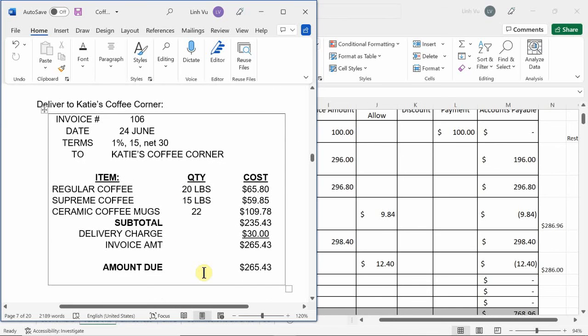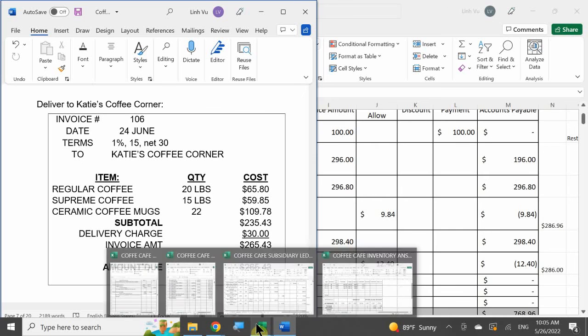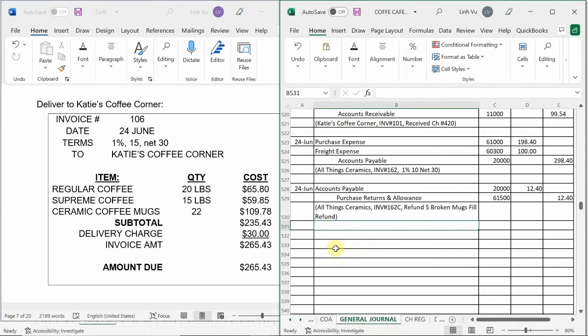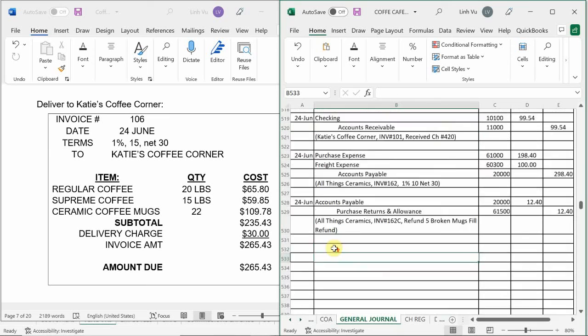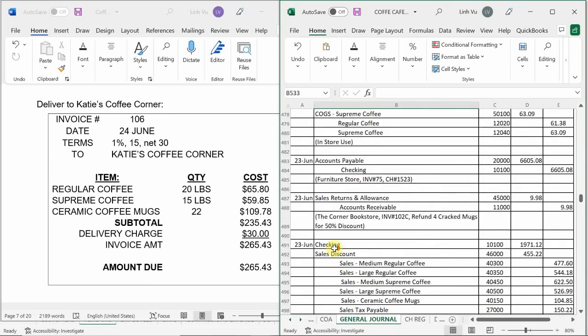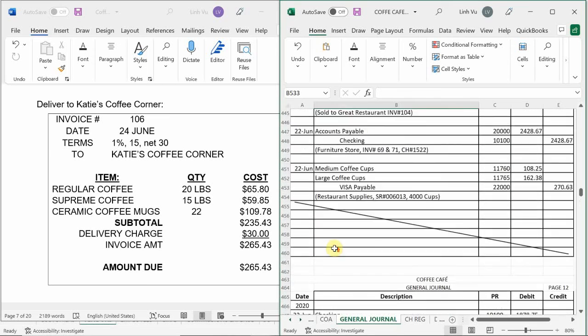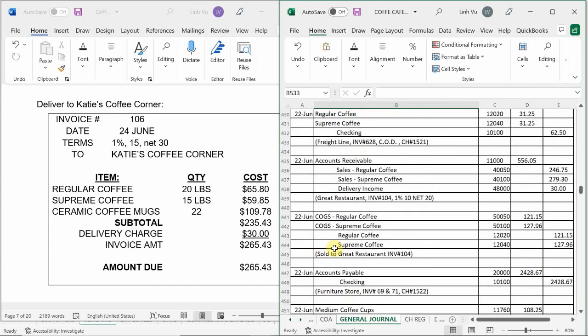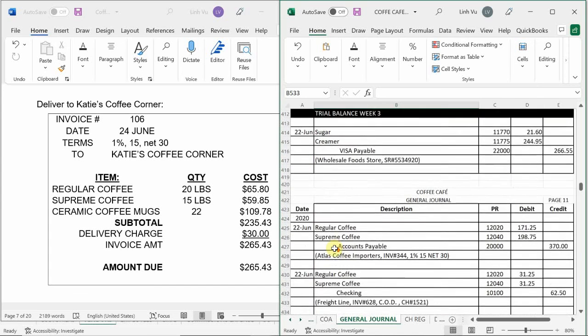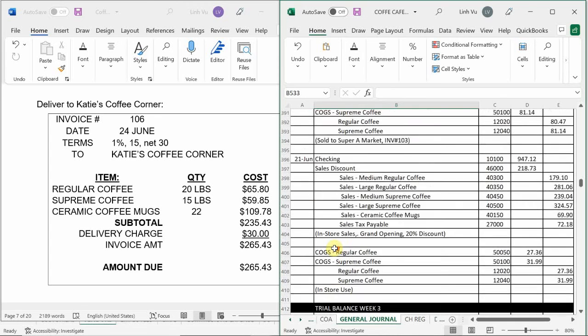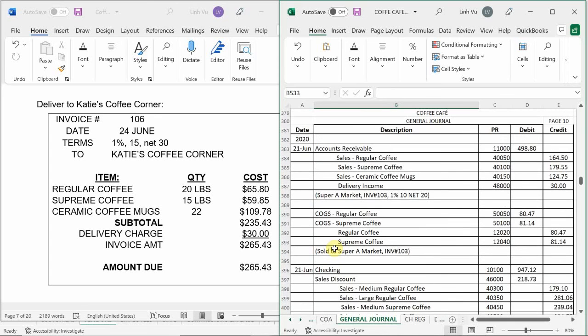We end up delivering to Katie's Coffee Corner. Okay, let's see. What did we sell to her?